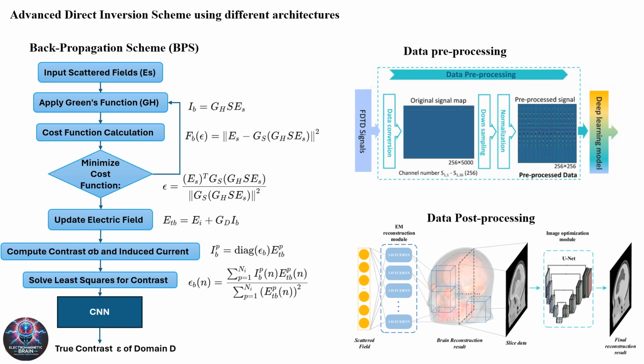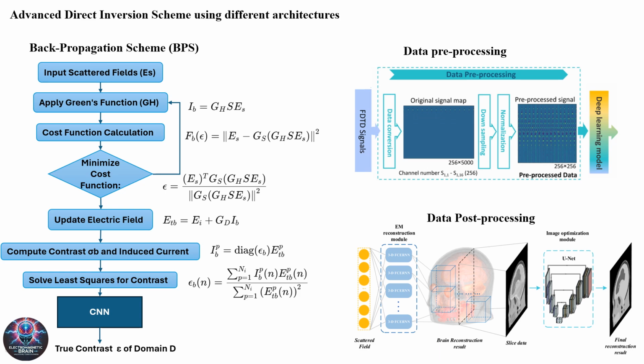By combining the information from all incident fields, the least squares solution is computed for each element of the contrast. This refined contrast information is then fed into the CNN as the input, while the outputs are the true contrasts for the domain. BPS is applicable for arbitrary incidence fields and is effective for both near and far field measurements, setting it apart from traditional methods like filtered backpropagation, FBP, in diffraction tomography.